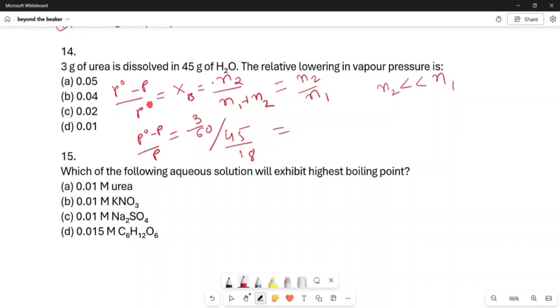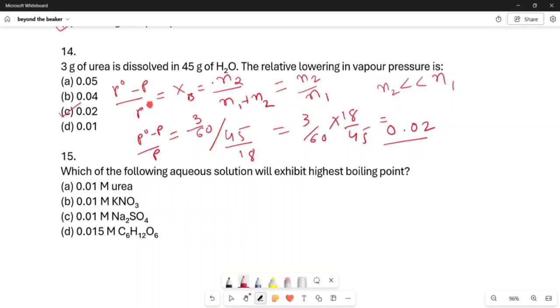So you have 3 divided by 60 into 18 divided by 45. You can get the answer 0.02. If you solve this, you can get the answer 0.02 mm of mercury. So the correct option is C.